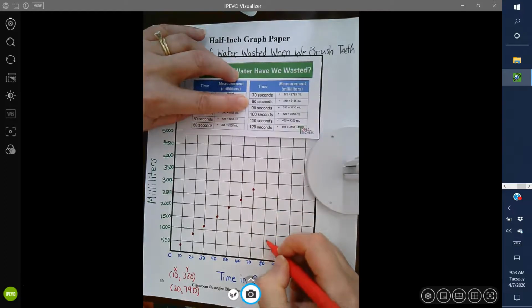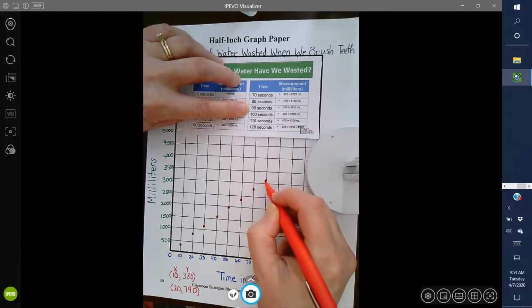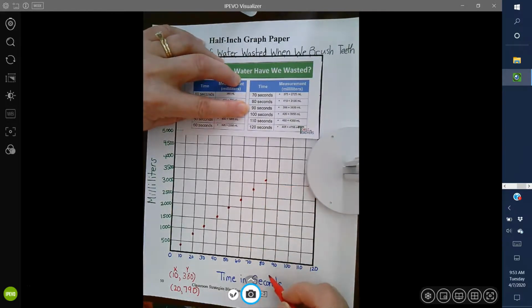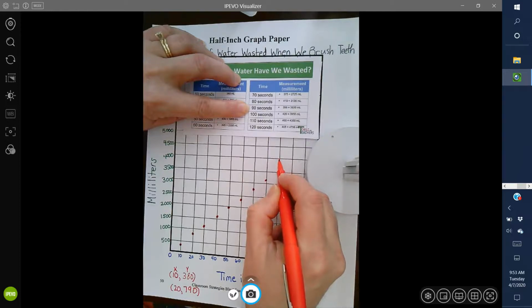And 80 to 3,530. Whoops, I'm sorry, I looked at the wrong one. 80 is 3,135. So probably about here. 90 is 3,530.